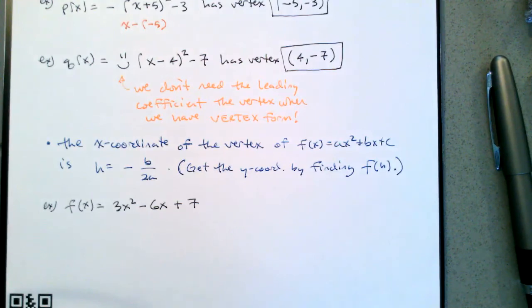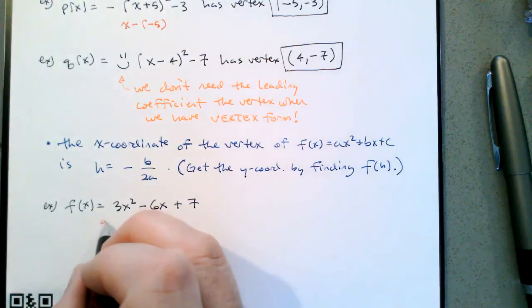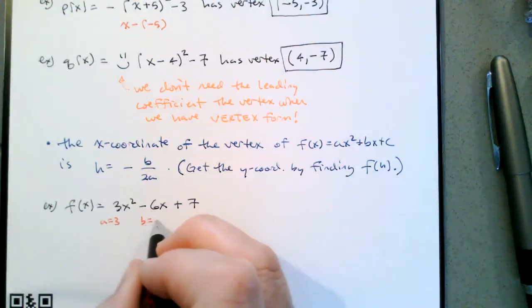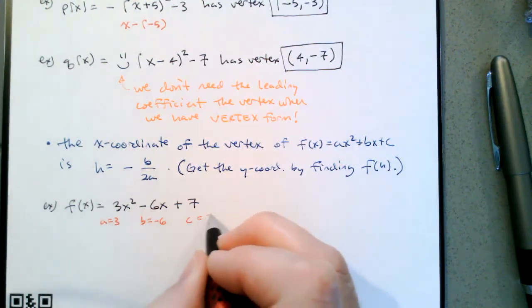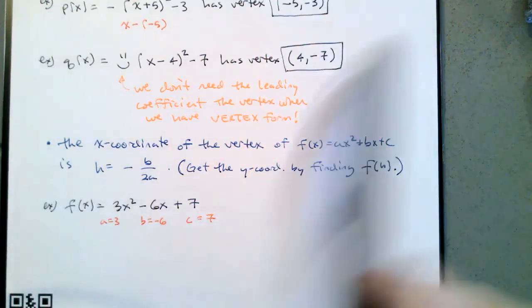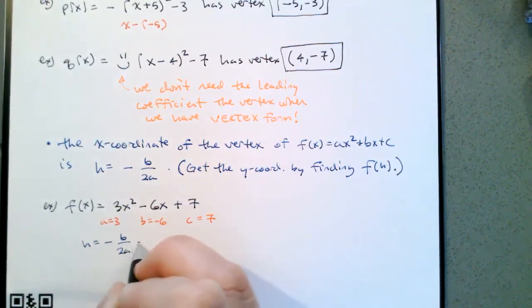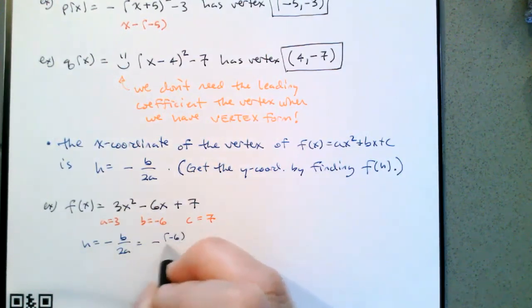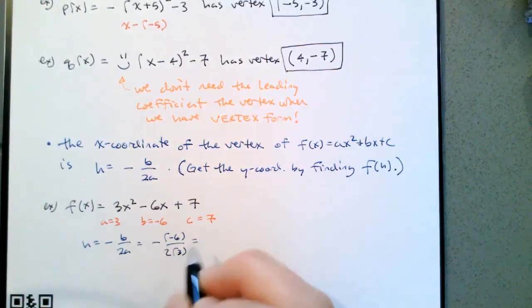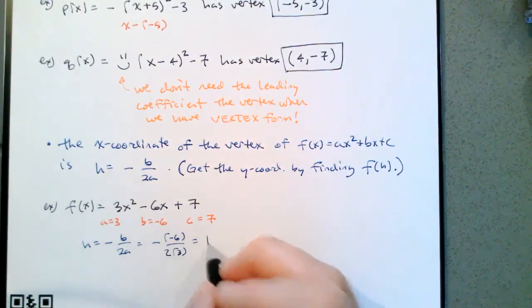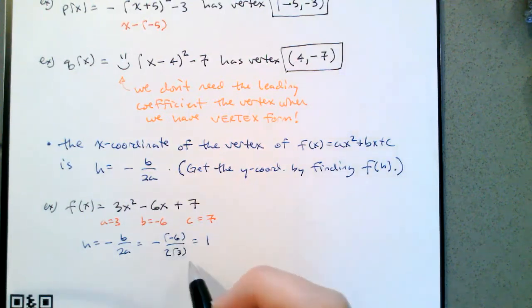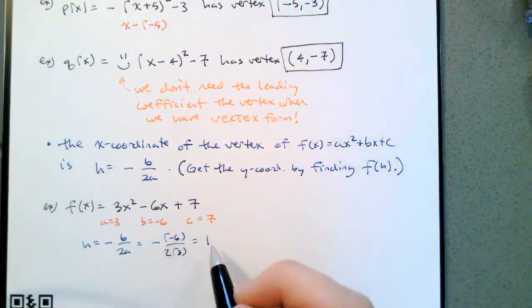If we identify a, b, and c, then the x coordinate of the vertex will just be minus b over 2a. So here a is 3, b is negative 6, and c is positive 7. So the x coordinate of the vertex, h, is the opposite of b over 2a. So a negative 6 over 2 times 3. The negatives cancel out, and we end up with 1. 6 divided by 6 is 1, and negative times negative is positive.